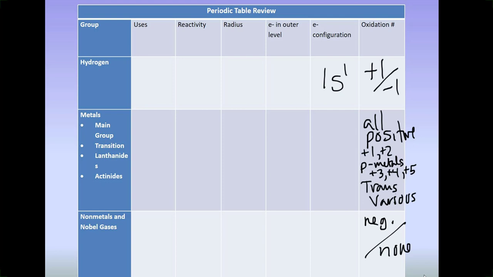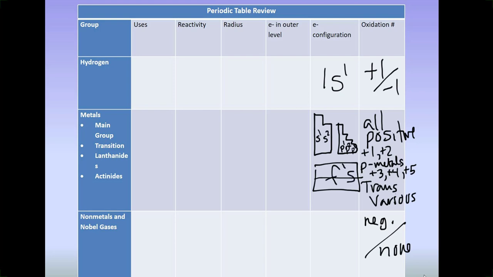For the electron configuration for your metals, if I look at your main group metals here, you have your S1 family, you have your S2 family, and then you have your P1 family, your P2 family. There's even like a P3 guy. And your lanthanides and your actinides, you know here that these are your Fs.